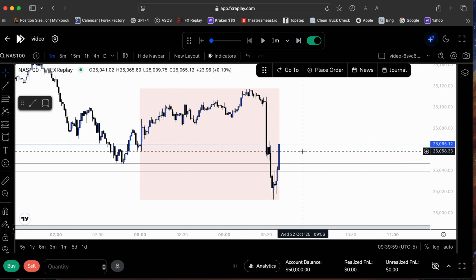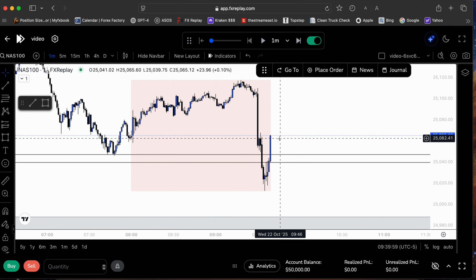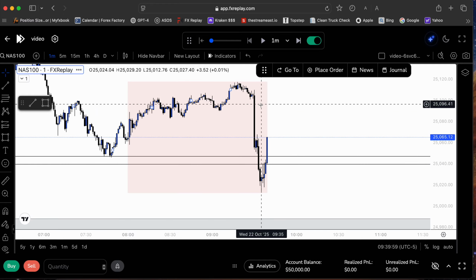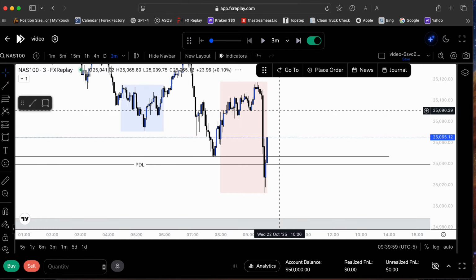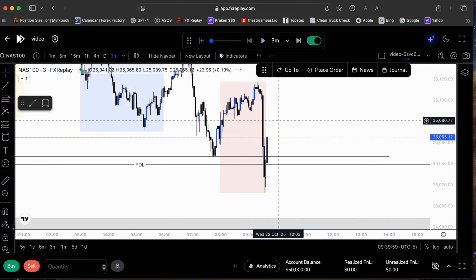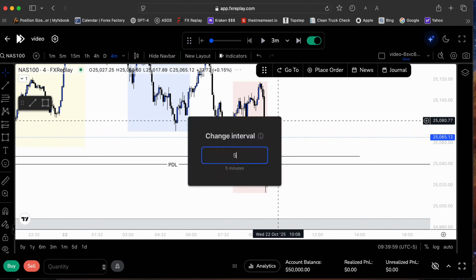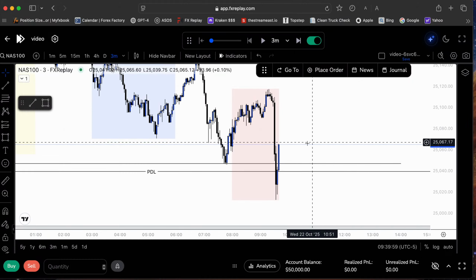Now we're seeing it hit a higher time frame PD array, and it's showing very bullish signs of momentum upwards. I believe if we go on the 3 minute time frame, the 2 minute, yeah, the 2 minute looks very clean. Let's see. Okay, we're going to take it off the 3 minute here.